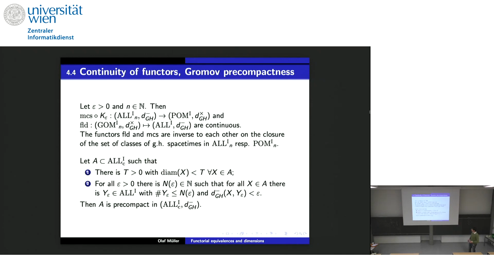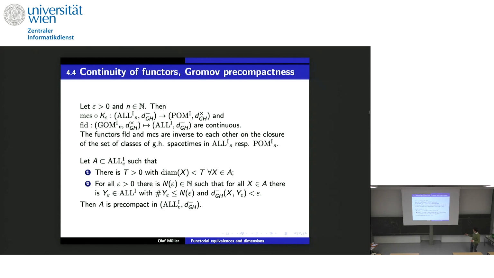Okay, and then you also get that those functors are continuous in a sense. I mean, the functors MCS and FLD going back and forth between ordered measure spaces and Lorentzian pre-length spaces are continuous in a very precisely prescribed sense.